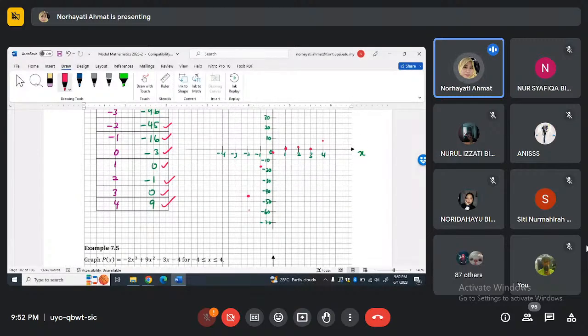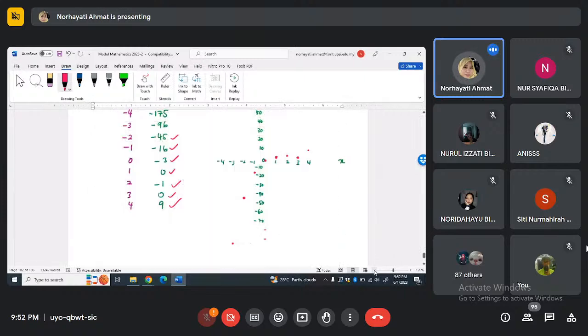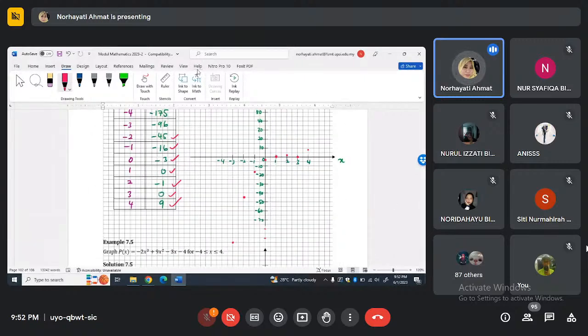So this is negative 80, 90, 95. 95, 96 here. And for x negative 4, we have a very large negative, negative 175, so we don't need to plot it. It's outside the graph. So I remove my grid.